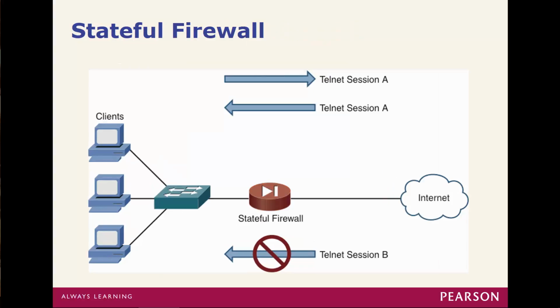Where the stateful firewall, because it was initiated inside, should be allowed to continue, while a new session just coming from the outside may not work. It basically boils back down to who's initializing it or who is trying to start it. If it's coming from the inside, it's acceptable. If it's coming from the outside, it's not.